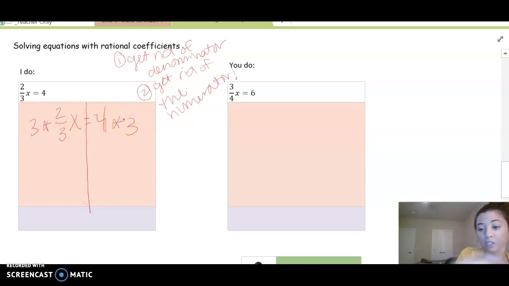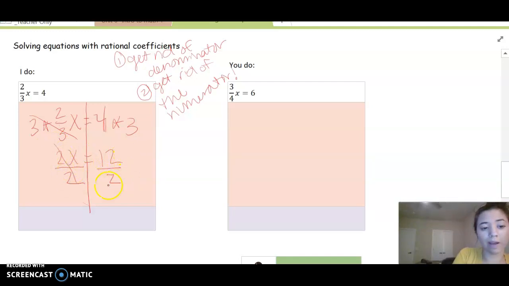And then just like above, my 3's now cancel, but instead of having just an x, I have 2x left over. 4 times 3 is 12. Okay, now I have 2x equals 12. So 2 times x. To get rid of a 2 times, I divide. My 2's go away.